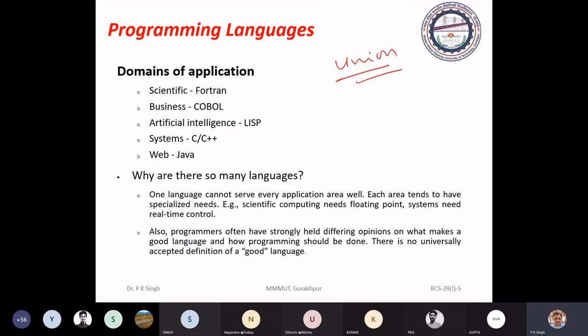It may be used for output purposes, in the case of register to register transfer. So this very language is still relevant, and for web, Java is most suited.